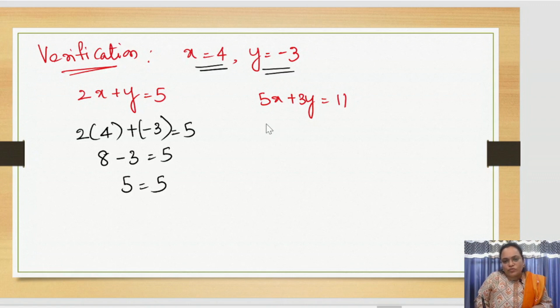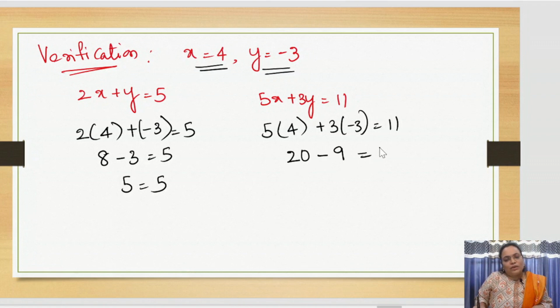Let us do the next one. 5 of 4 plus 3 of minus 3 is equal to 11. 20 minus 9 is equal to 11, which is 11 is equal to 11. So therefore, the x and y values satisfy both the equations on both the sides. Therefore, verified.